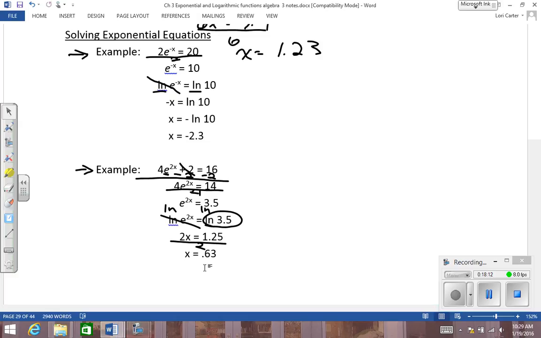I didn't divide by 4. Am I doing it right?